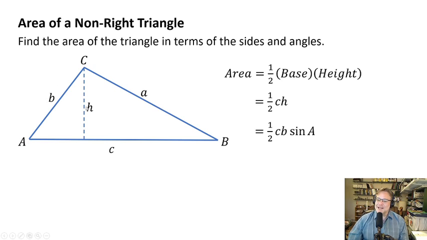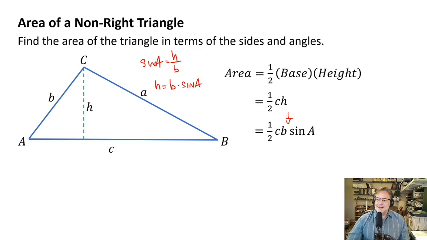We can express H as being the sine of A times B, since the sine of A is equal to H over B, and that means that H is equal to B times the sine of A. And that's what we're doing here in substituting this in for H. We have B times sine of A placed in there.